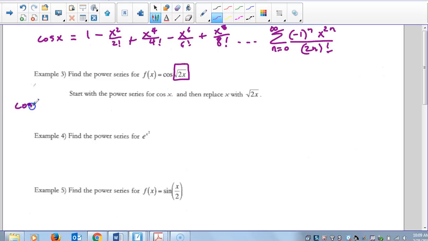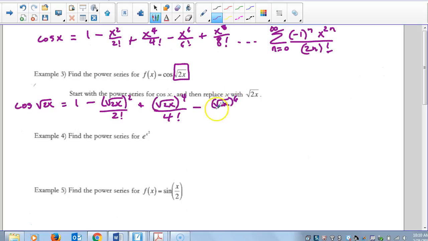So cosine square root of 2x, it's still going to start with 1 because there's no x to substitute, minus square root of 2x squared over 2 factorial, plus square root of 2x to the 4th over 4 factorial, minus square root of 2x to the 6th over 6 factorial, plus square root of 2x to the 8th over 8 factorial. Now on the multiple choice you won't see it written like that.